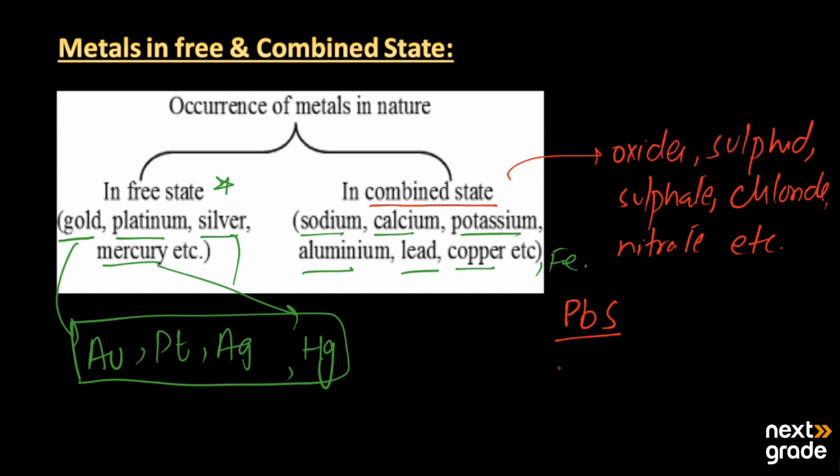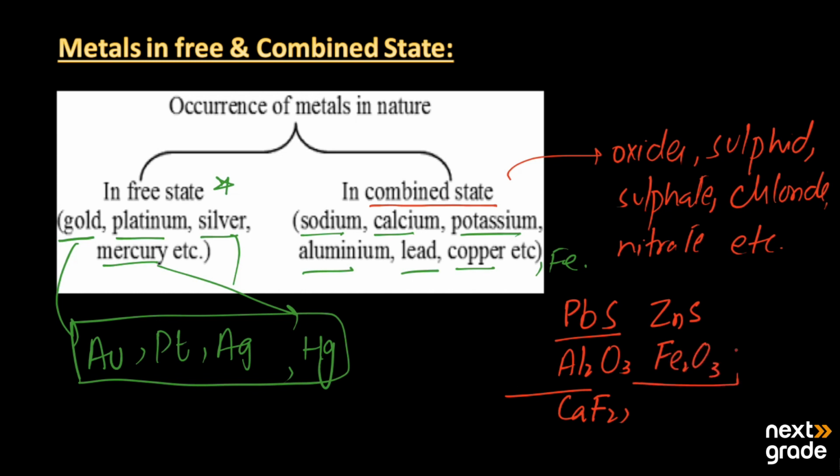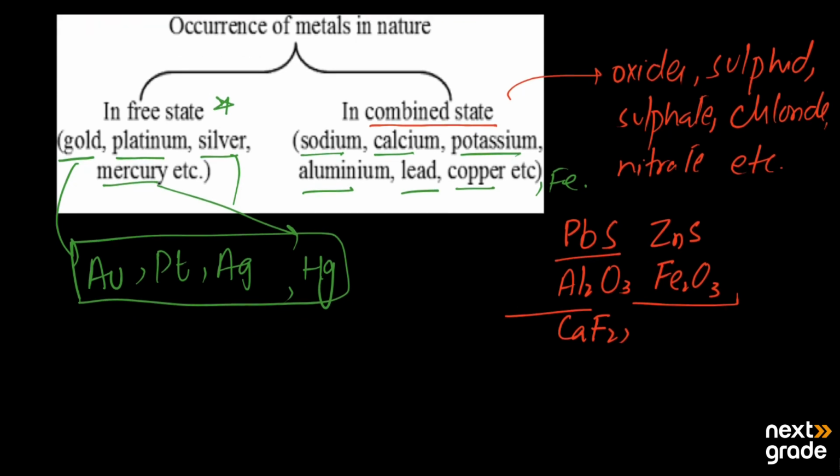Aluminium is present as its oxide, Al2O3. Calcium is present as its fluoride. Zinc is present as its sulfide. Iron is present as its oxide. So this was a simple occurrence of the metals in the combined as well as the free state.